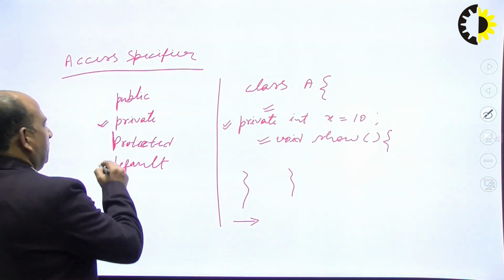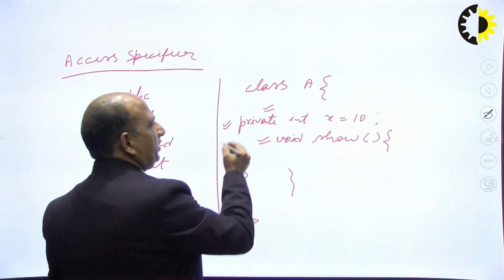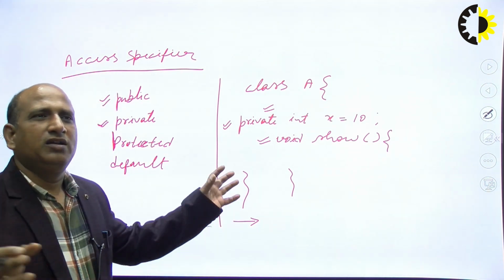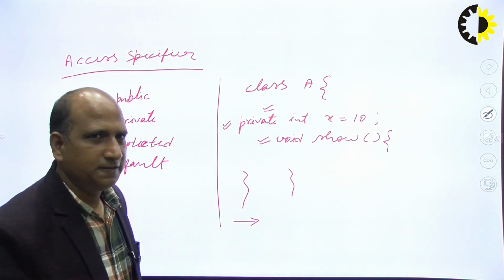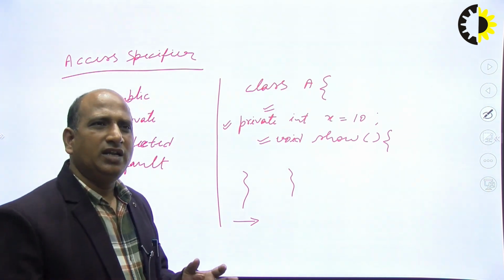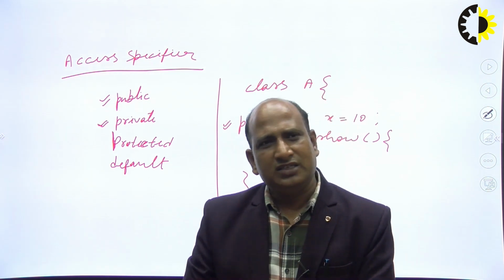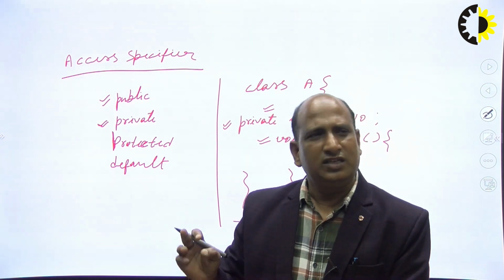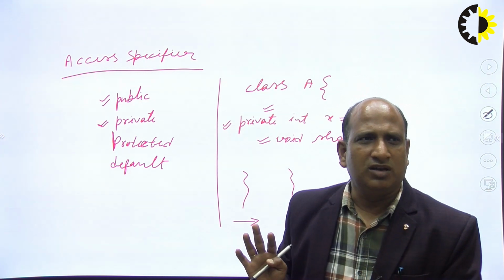Now comes public. If I make a member public, it will be accessible anywhere, meaning it has the highest accessibility. If I make a member protected, then that member will be accessed within that class. It can be accessed in its subclass, and if that subclass is within some other package also, there it will be accessible.